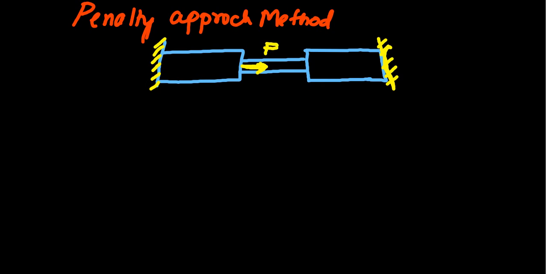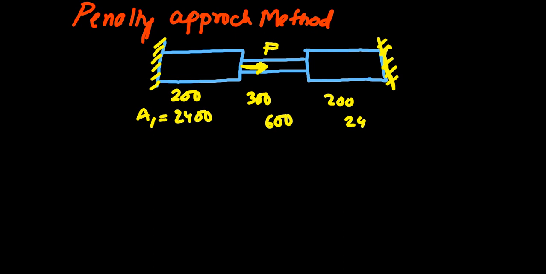The different values for the given problem are, for example, the length for element 1 is 200, for element 2 it is 300, and for element 3 again it's 200. The area for element 1, let us say A1, is 2400 millimeter square, for element 2 it is 600, and for element 3 again it's 2400 millimeter square.